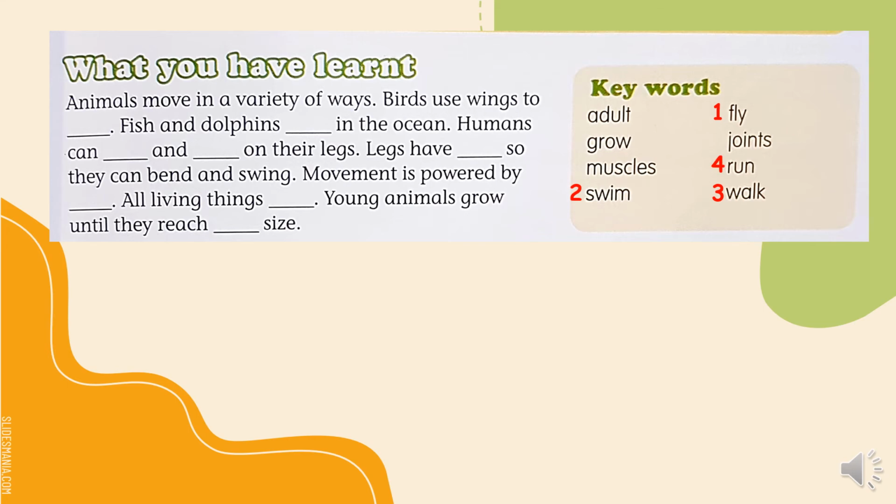Legs have blanks so that they can bend and swing. What do they have? They have joints. Movement is powered by muscles. All living things grow. And young animals grow until they reach adult size. They will grow until they become adult and then they will stop growing, right?